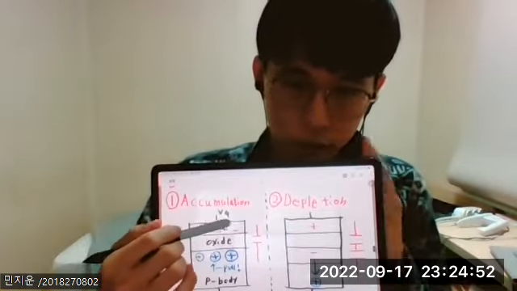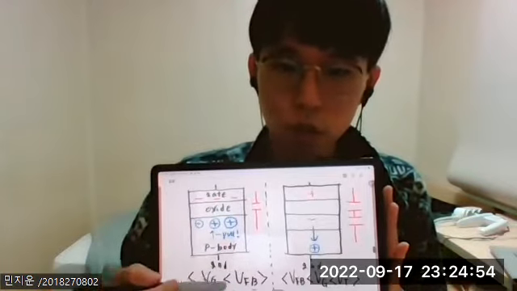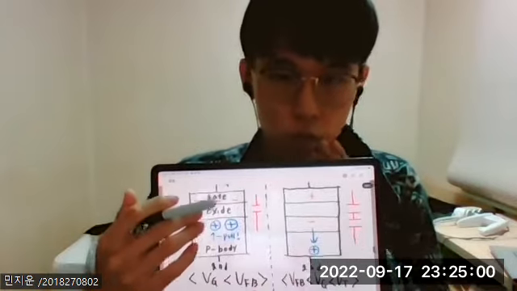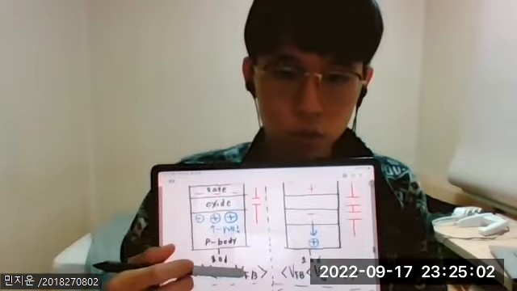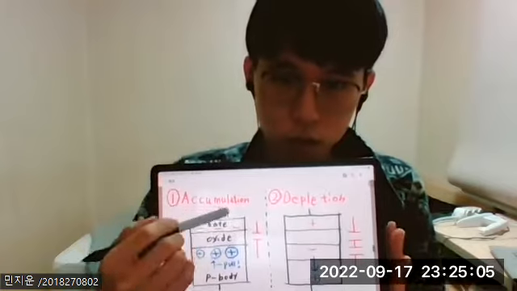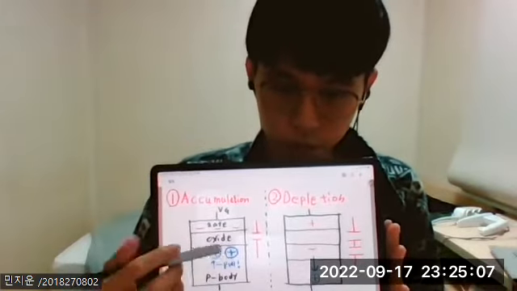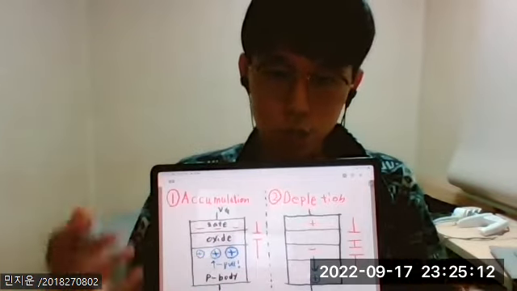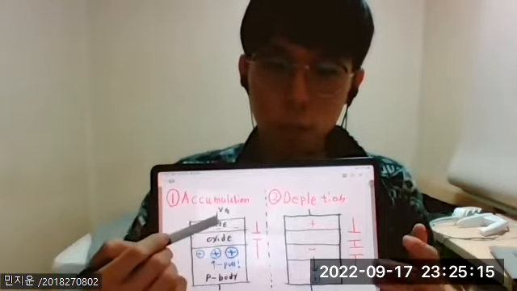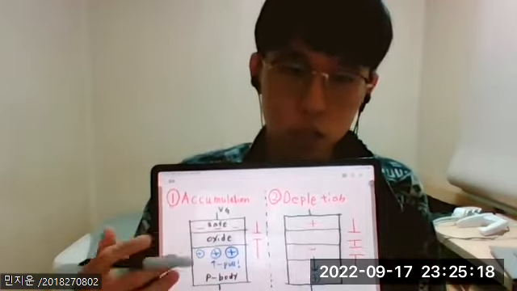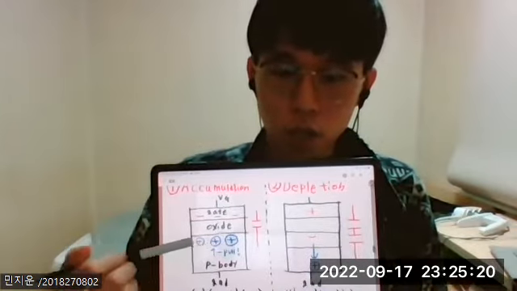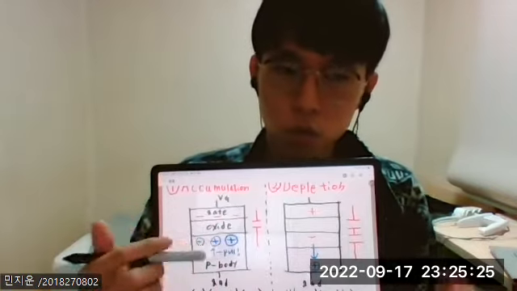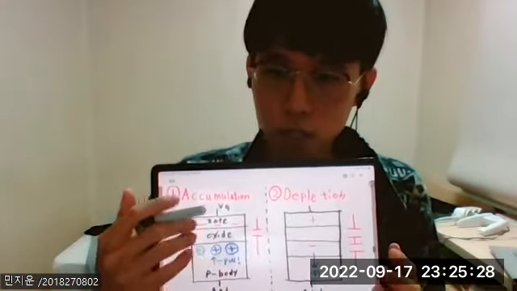So when you apply a gate voltage lower than the flatband voltage, the hole carriers at the P substrate are pulled by this negative gate voltage. So at accumulation, the plus channel occurs.